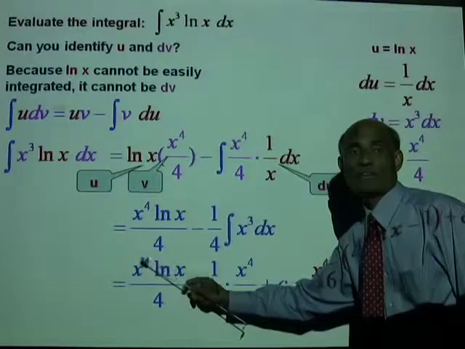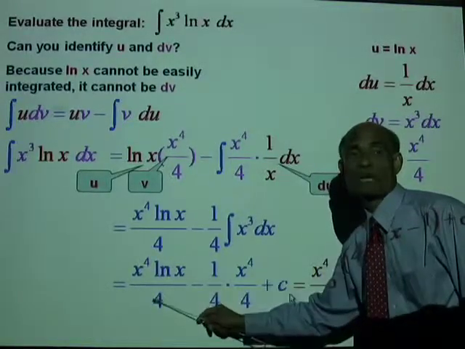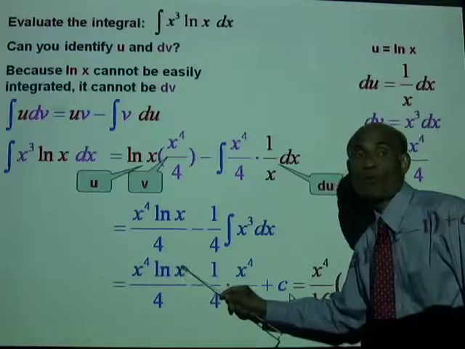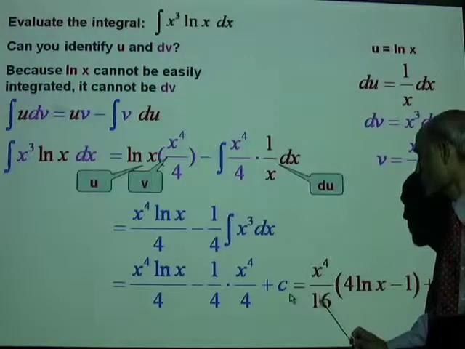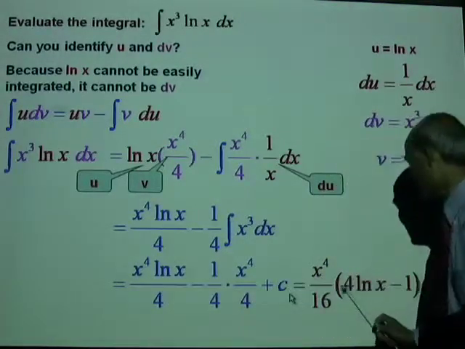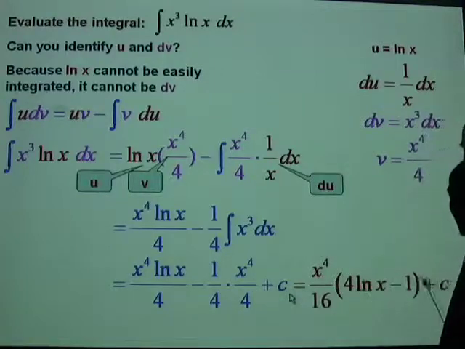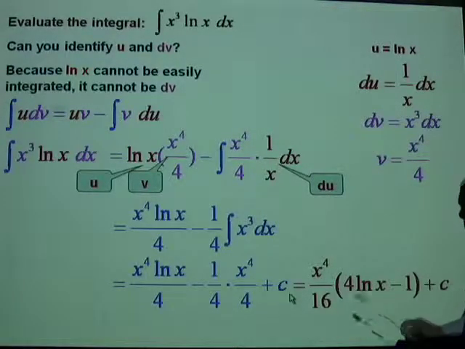So when x to the power of 4 over 16 is factored out, what is left here will be 4 ln x. So x to the power of 4 over 16 factored out, leaving 4 ln x minus 1, plus c. And that's the result of our integration.